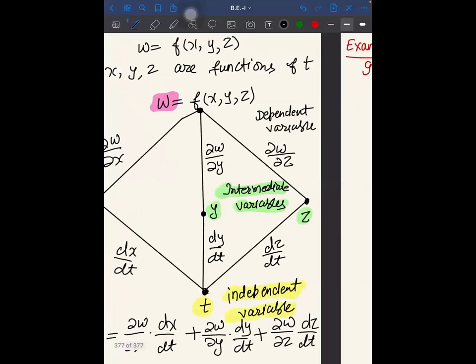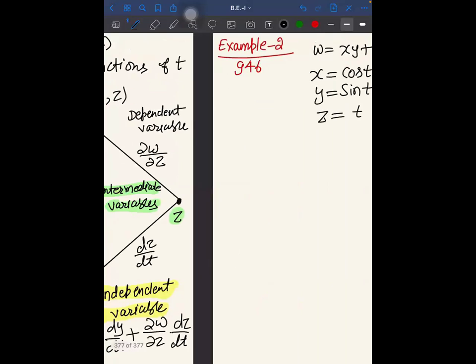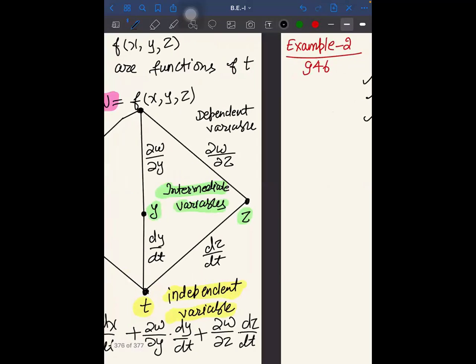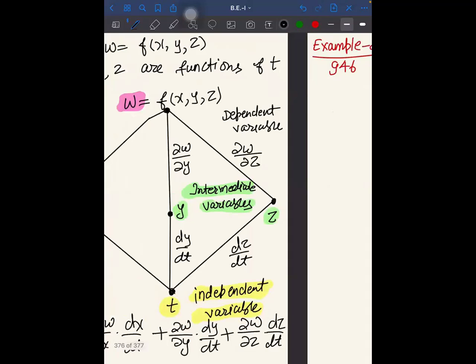Yes. We have three functions x, y, z of t, and a dependent variable w depending on x, y, and z, and we want to find dw by dt.